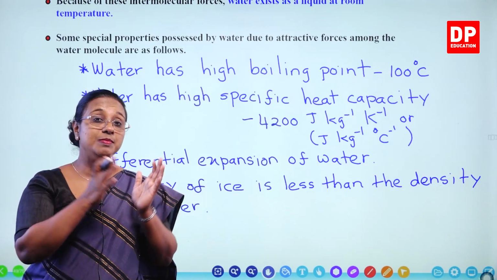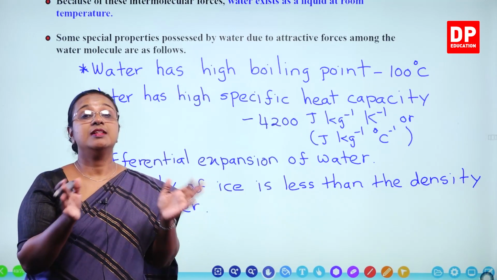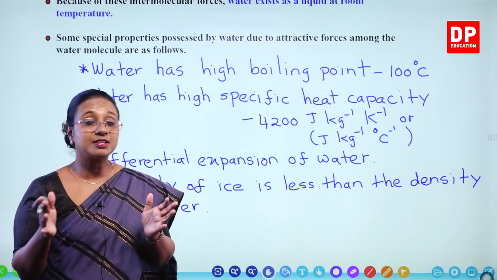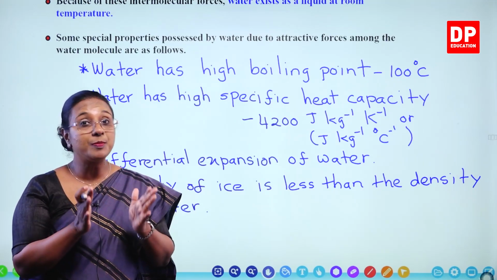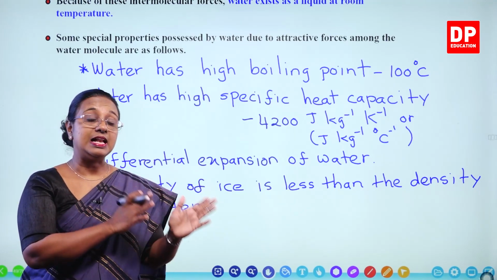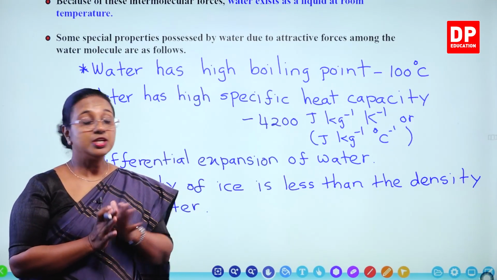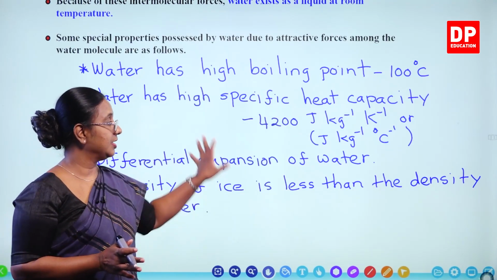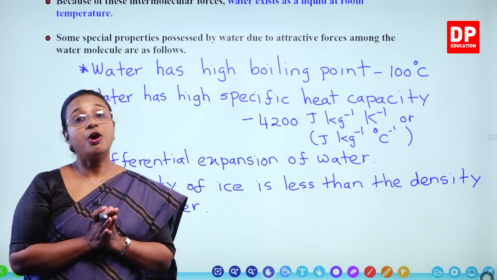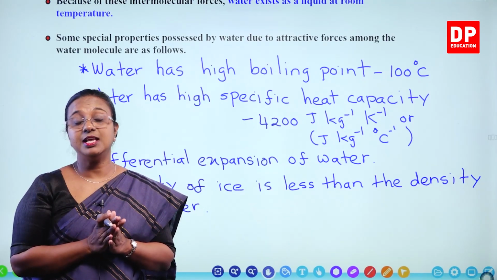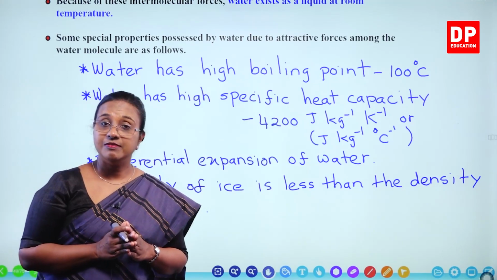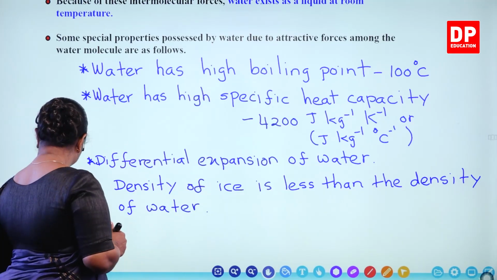So that is why between the molecules there is interaction or attraction between the opposite partial charges, delta plus and delta minus. So now I am sure you can relate all these properties to the structure or the bonding that is present in water. With that, we will move on to the next slide.